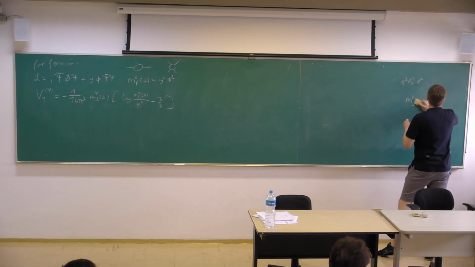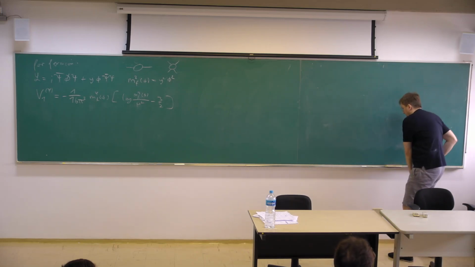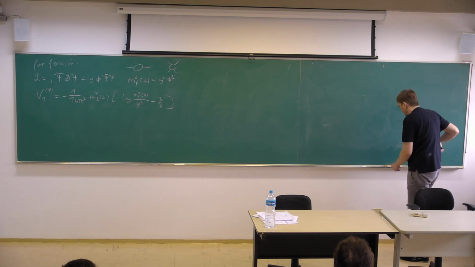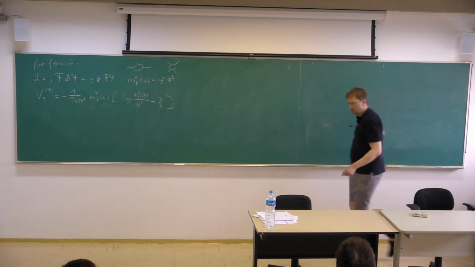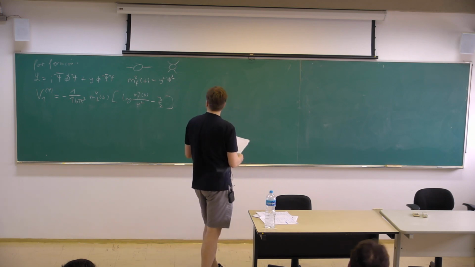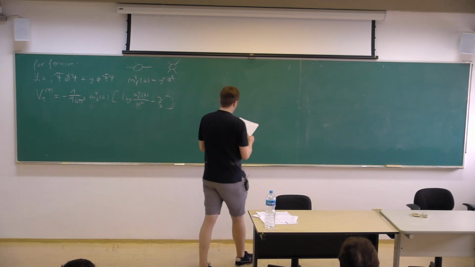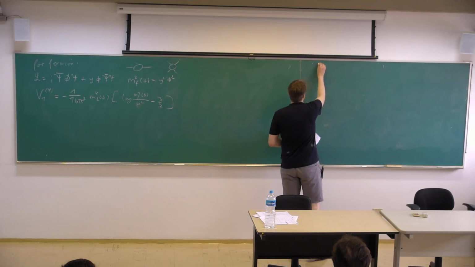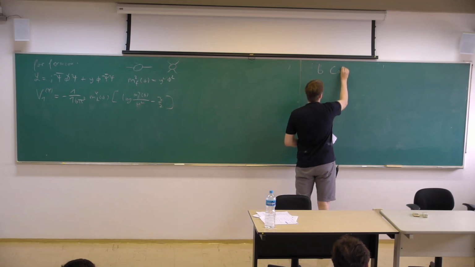Okay, let me hurry a bit. How much time do I still have? Okay, I think I can still do it. So now let's apply this to the so-called Coleman-Weinberg model.